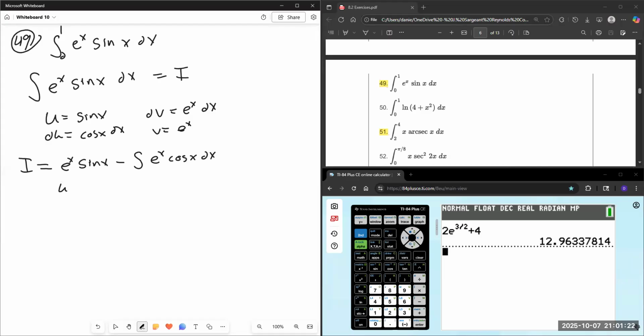And then we have a new u that will be cosine of x. dv will stay e to the x dx. du will be a negative sine of x dx. v will be e to the x.